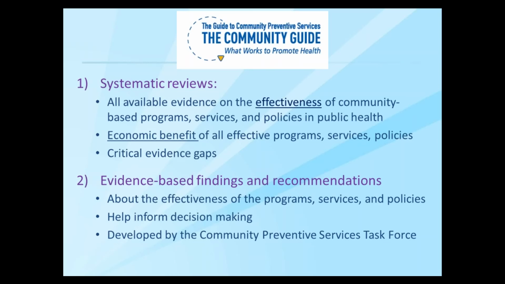And then a second thing, these systematic reviews are used as the basis of evidence-based findings and recommendations that identify which programs, services, and policies are effective. And these are used not to tell people what to do, but to help inform their decision-making. These recommendations and findings are developed by the Community Preventive Services Task Force.